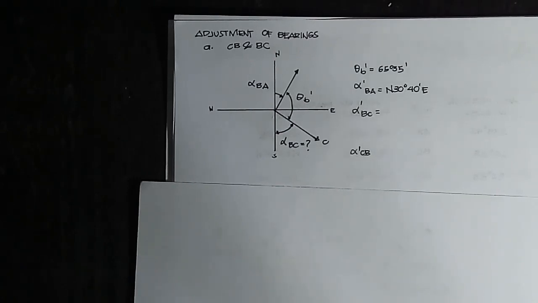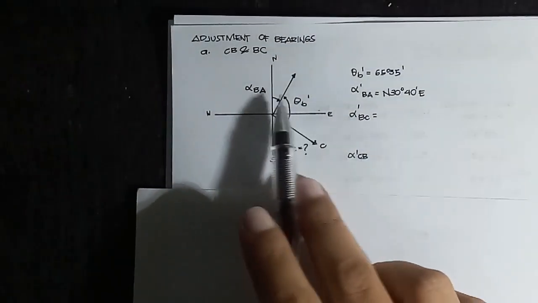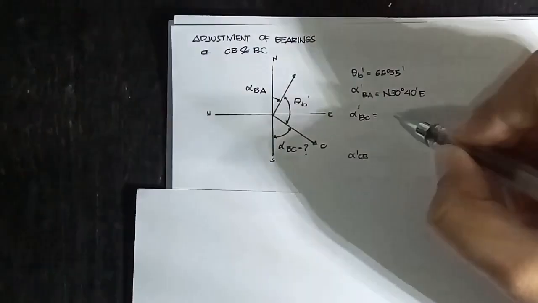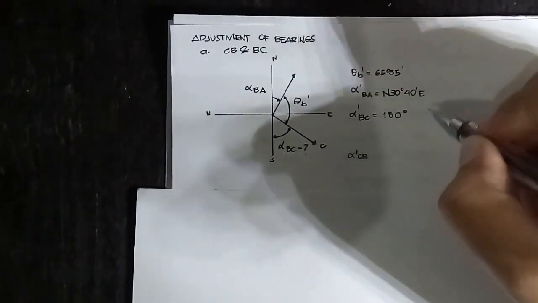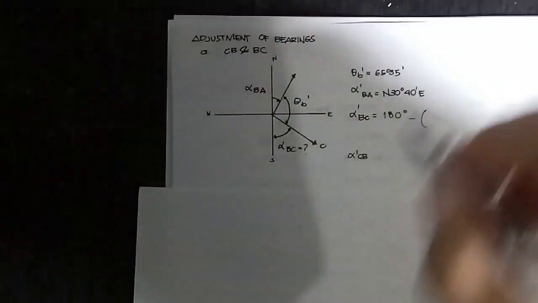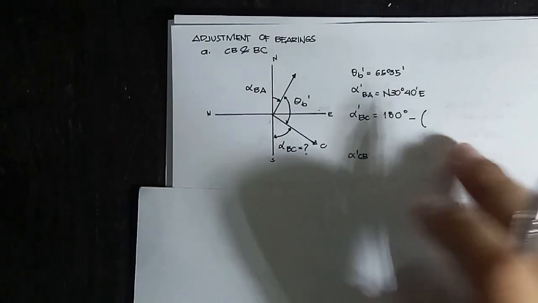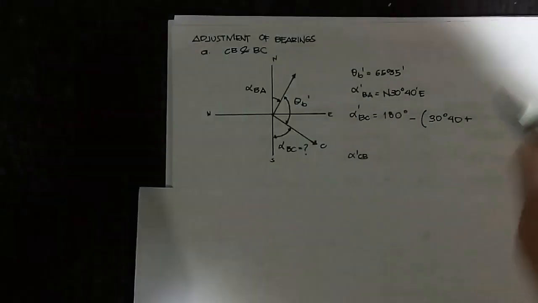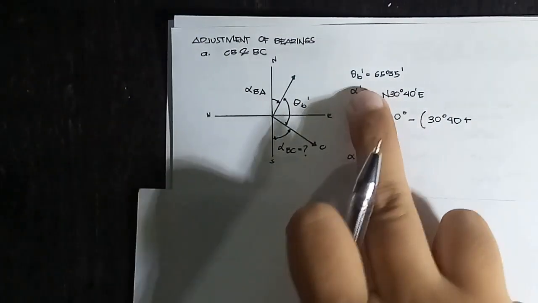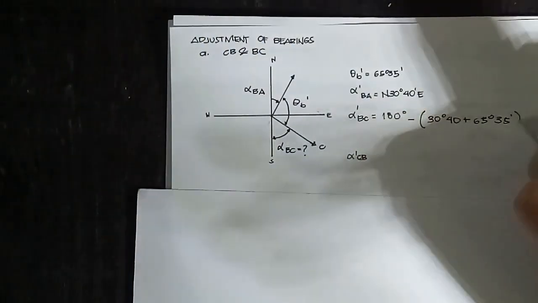So, para makuha na natin yung adjusted bearing ng BC, nakita natin na magto-total ulit siya dun sa 180 degrees. So, meron tayong 180 degrees. Tapos, ima-minus na ulit natin. Ang gagamitin na natin ngayon is yung correct bearing, itong 30 degrees, 40 minutes, plus yung ating correct interior angle na 65 degrees and 35 minutes.